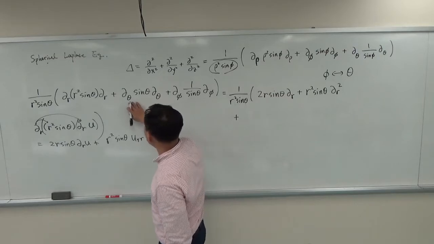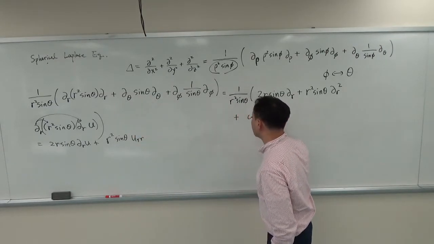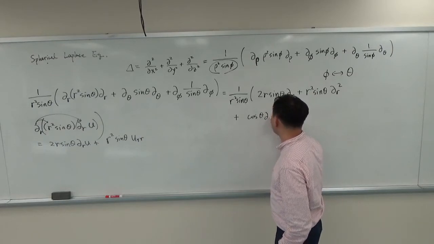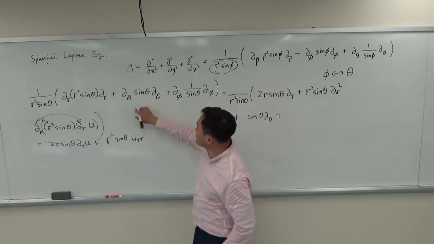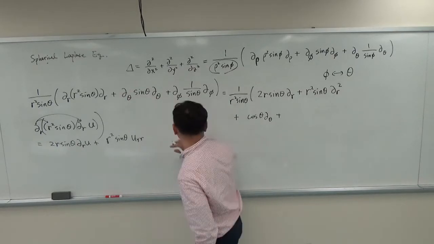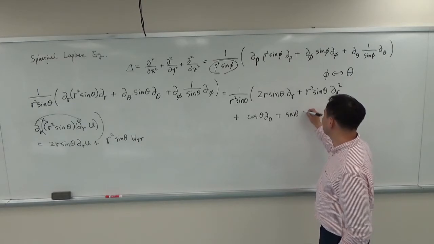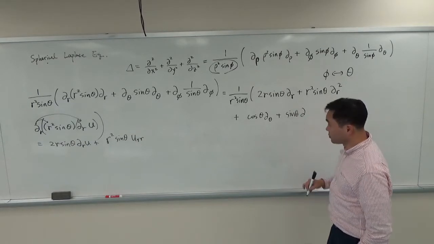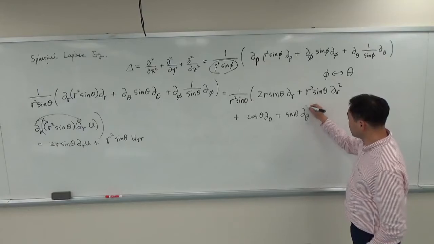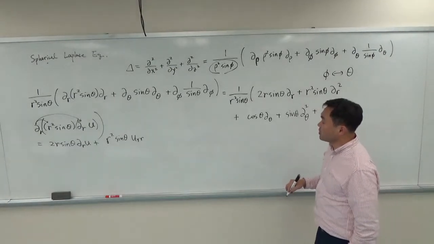And that happens as well. When this hits this, that's cosine of theta, differentiation in theta. But then this is actually product rule, so this could hit this one. So that's going to give you sine theta, differentiation twice.